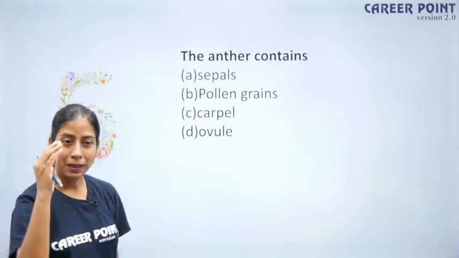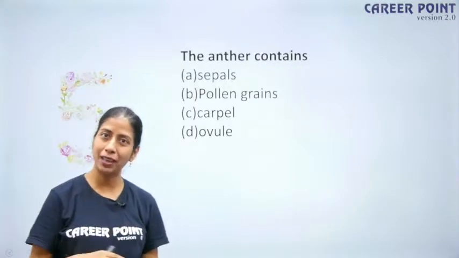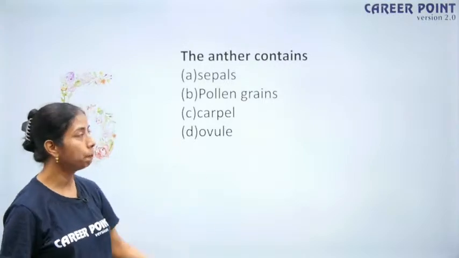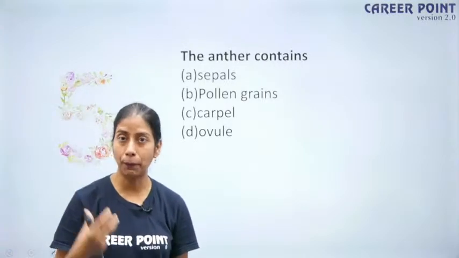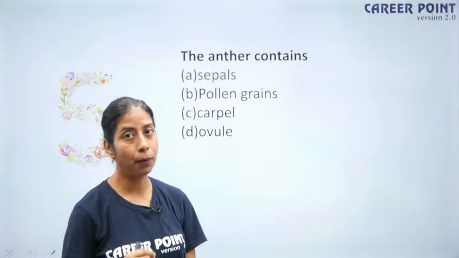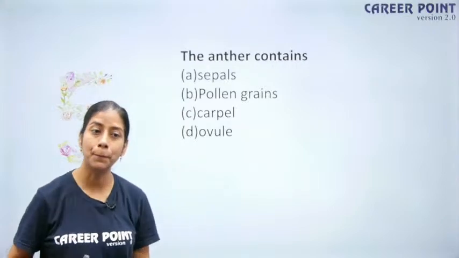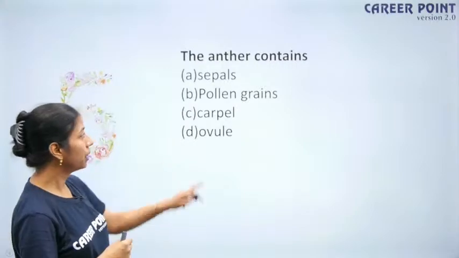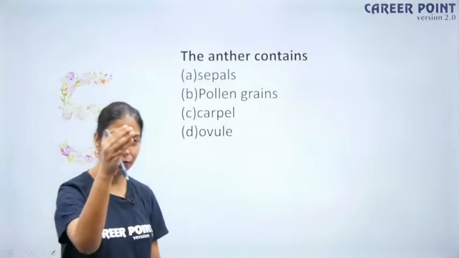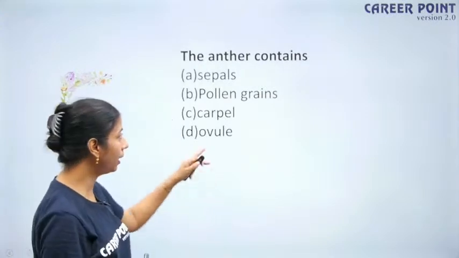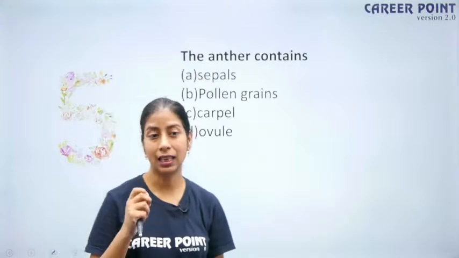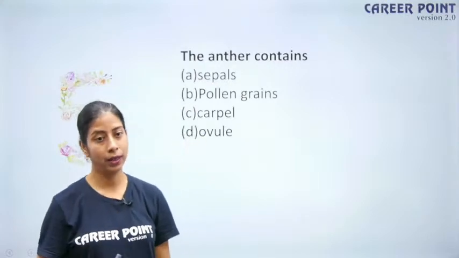Here सब, संगीता, जयंत, everyone is giving the correct answer here. The anther contains the pollen grain, and inside the pollen grain are present the male gametes. Very correct answer. Everyone has given the answer here. Very correct. Anthers contain the pollen grains.